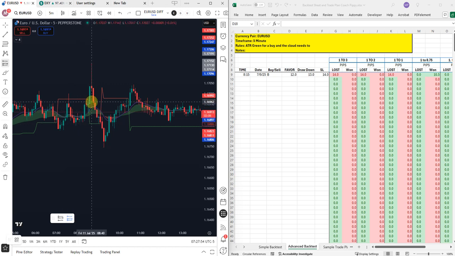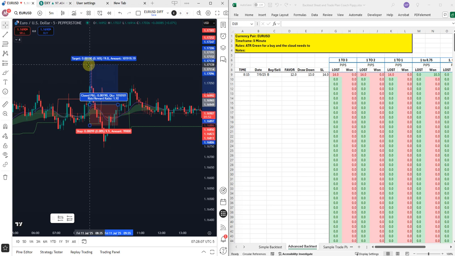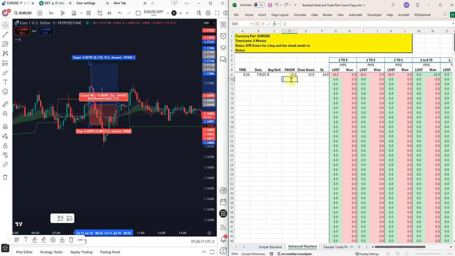So it was about the 11th at 8:35. Our stop loss was about 10 pips. I always just like to make it even. Our max favor was 19 pips.